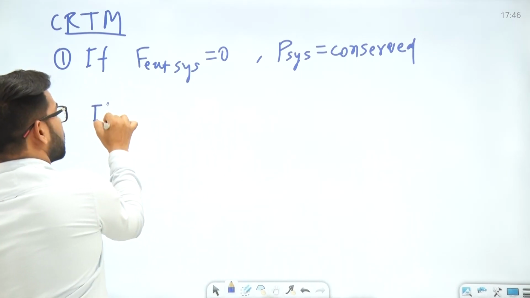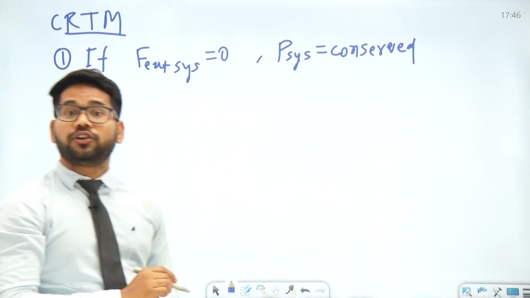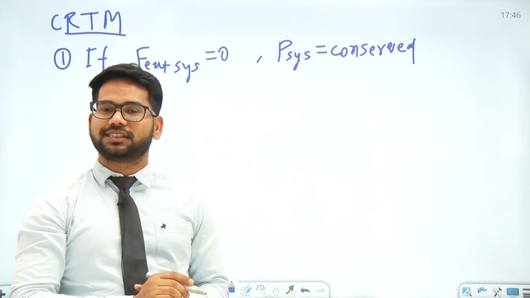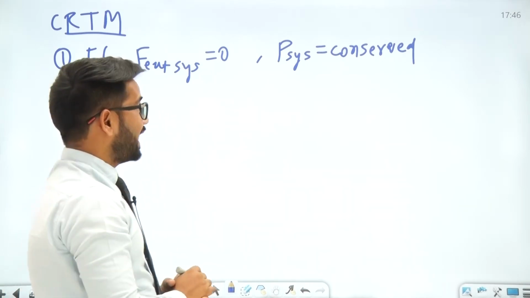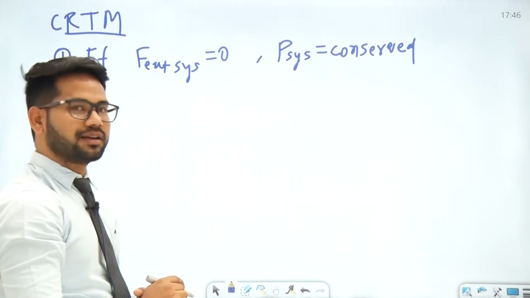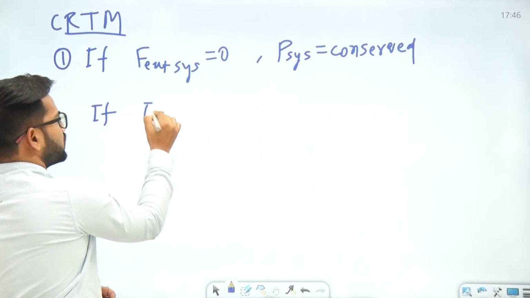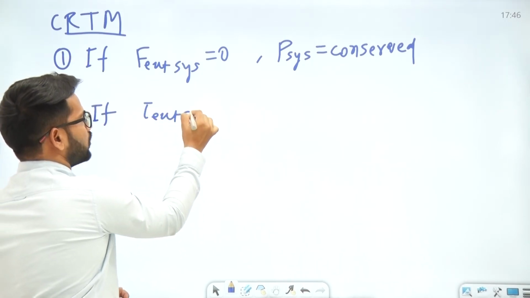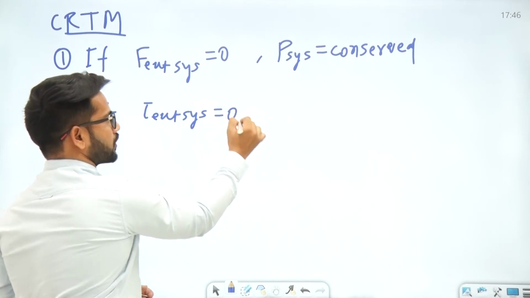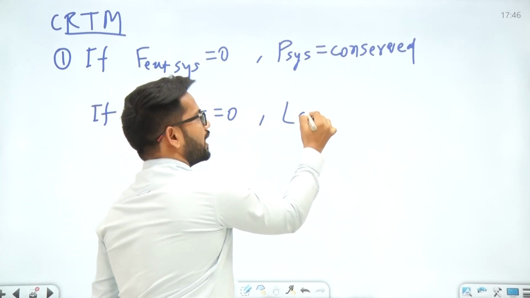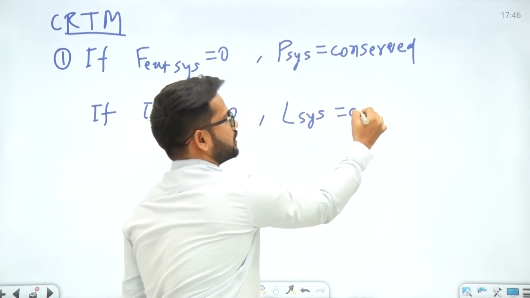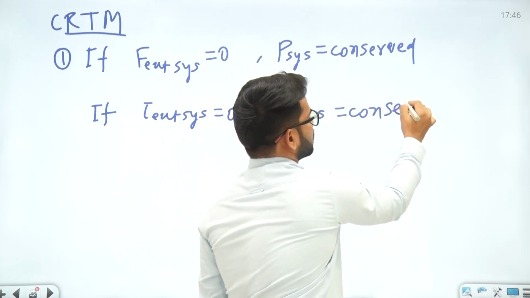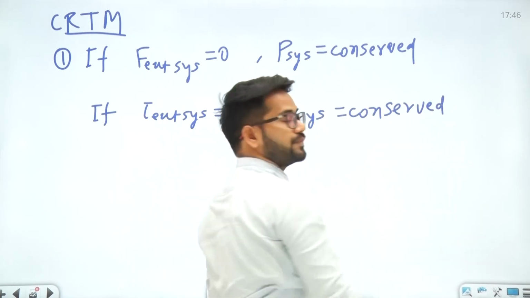If torque external on the system is 0, then angular momentum of the system will be conserved. So torque external on the system is 0, then angular momentum of the system will be conserved, right?